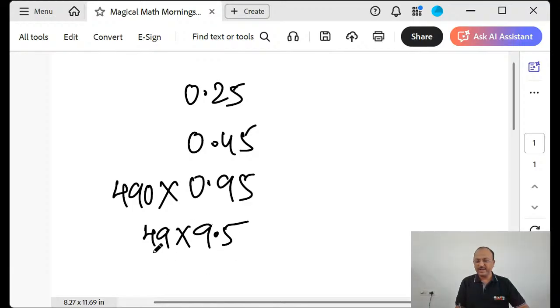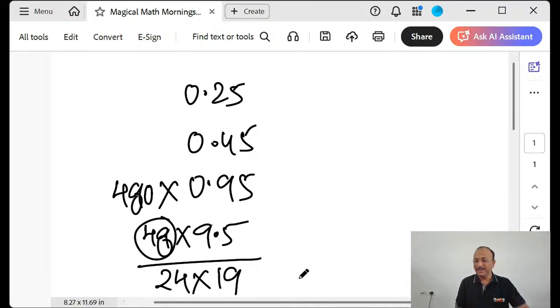Last question, let's try this. This is one thing I said, whenever we are having an odd number, it's going to take little more time. For that we have different tricks. For the time being, we are going to restrict ourselves with, suppose if it is 480, I will take 48, then it will become very easy, correct? No, 24 into 19, then it will become very easy.